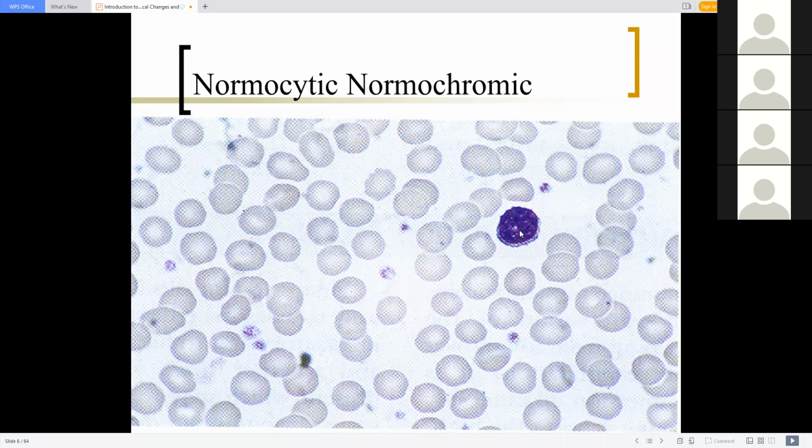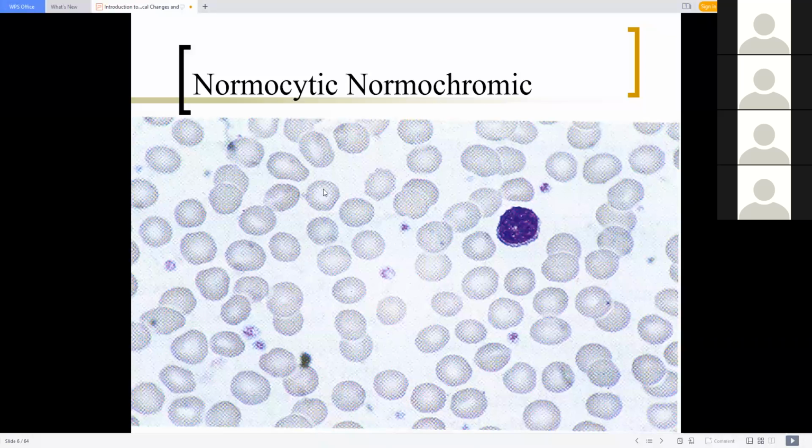All right. And then normochromic refers to the area of hemoglobinization, and we measure the area of hemoglobinization by looking at the area of central pallor. And as I told you, in a normal red cell, the area of central pallor is usually less than a third of the red cell diameter.